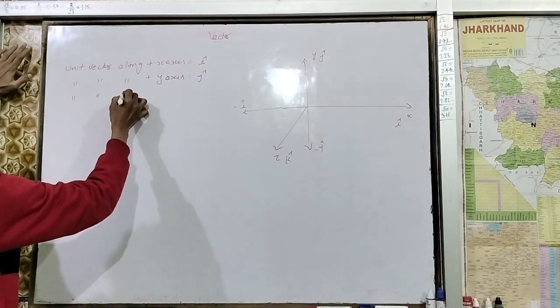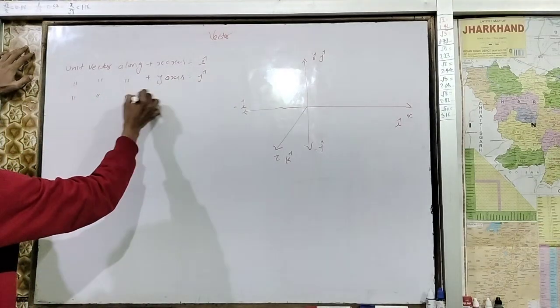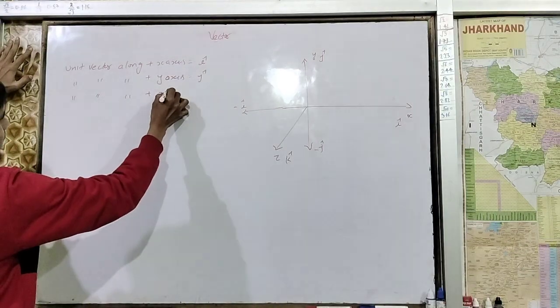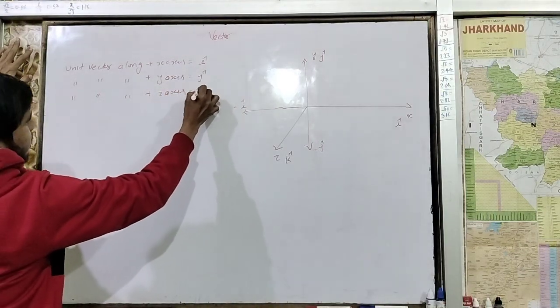The unit vector along the positive z-axis will be our k cap.